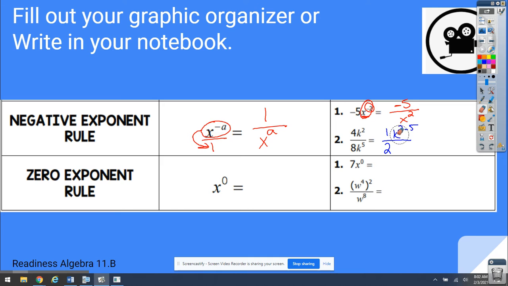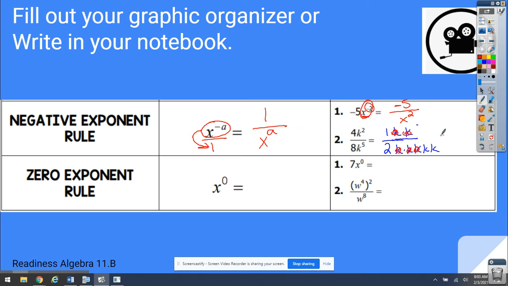Now you can do it the other way that we showed you guys, expanding, where basically how many k's would I have here? I'd have 1 and 2. How many k's would I have down here? I would have 5 of them. And then I will go ahead and just cancel out the ones I have. So these two, and these two.